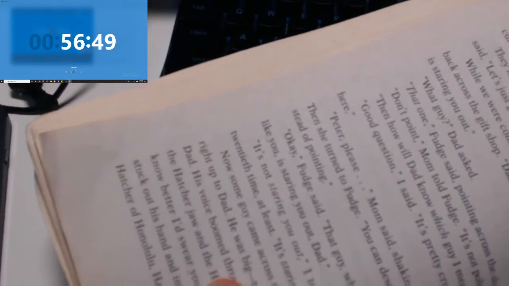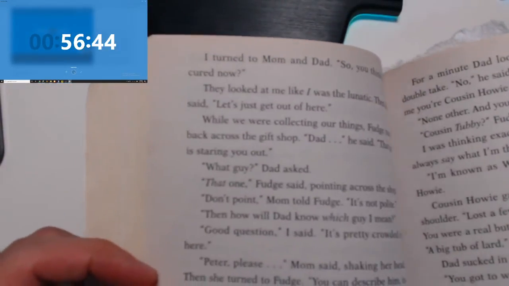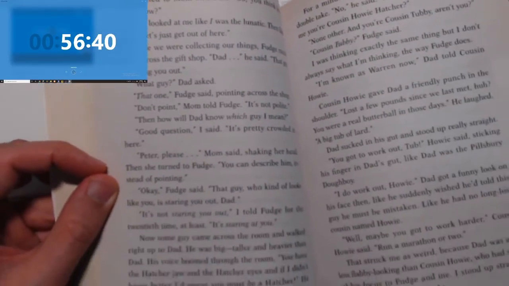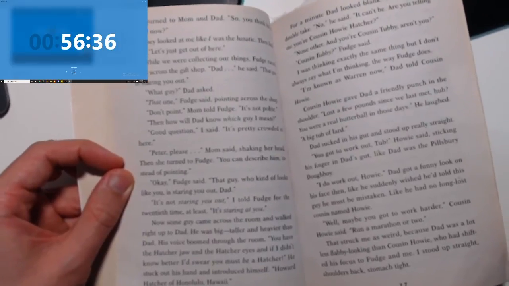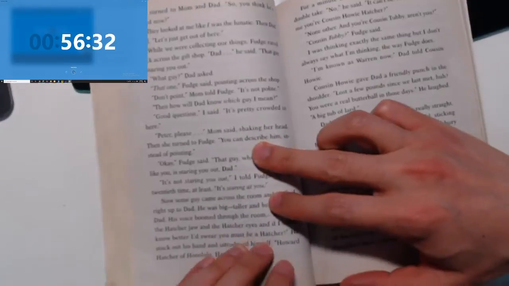Wait a second. After turning this one, I can turn this one like this. Okay.